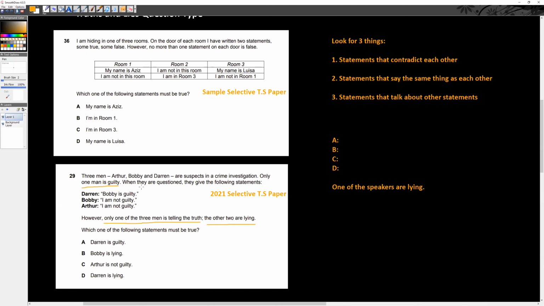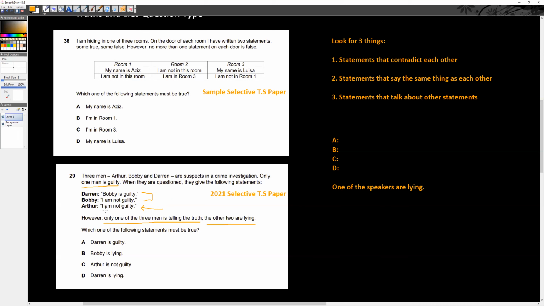That means the singular truth teller must be between Darren and Bobby. That means we can automatically conclude that Arthur can't be the one telling the truth, and Arthur, therefore, must be lying. Right? Using just a bit of logic, we can figure out this piece of information.